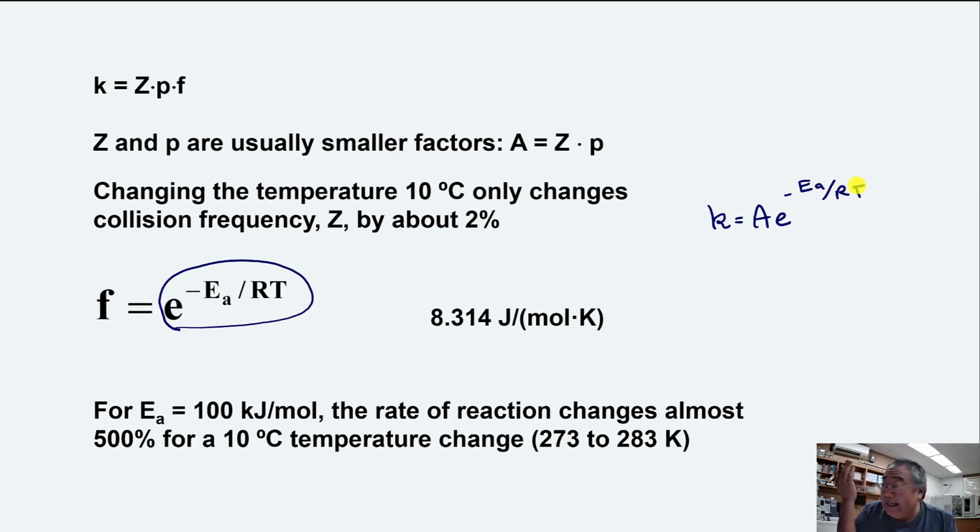Ea is the activation energy, usually in joules, though it could be kilojoules. And A is that combination of Z and P, so it's the collisions that have the right orientation. This is what we call a pre-exponential factor.